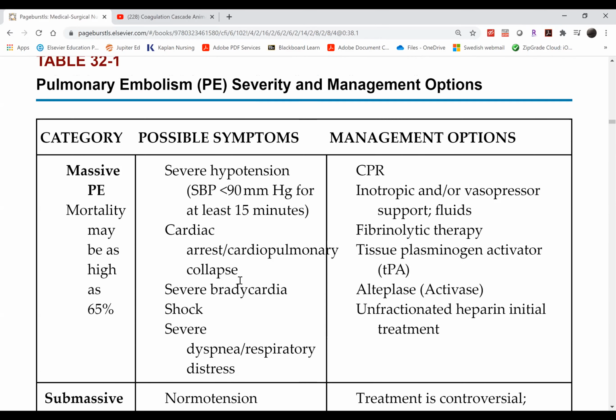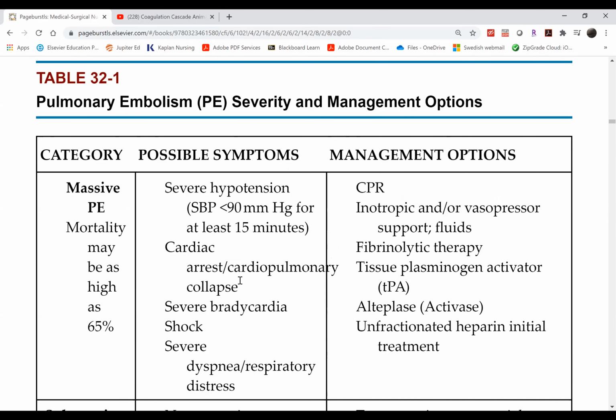Massive PE is referring to a large number and size of blood clots. Look at the mortality, 65%. Now, imagine large and multiple blood clots blocking one or more pulmonary arteries. Can you imagine the amount of pulmonary hypertension that results here? The amount of forward blood flow decrease, the amount of pulmonary hypertension that is occurring.